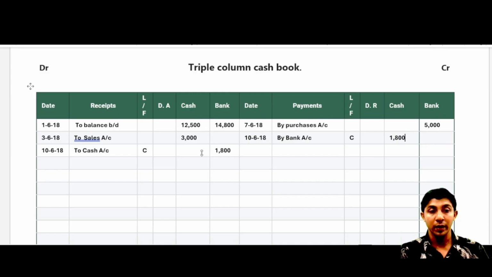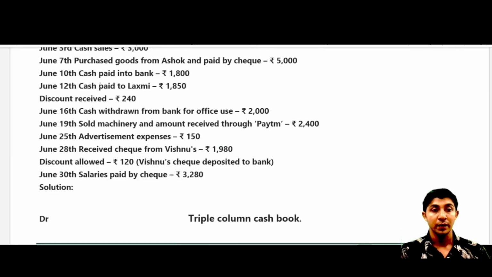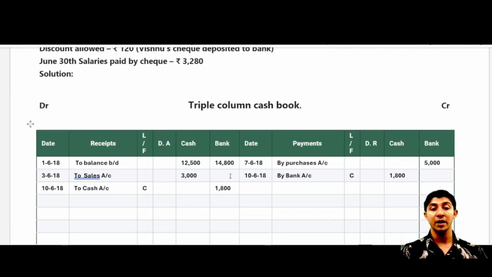Done. Now let us move towards the next transaction, that is on 12th. Cash paid to Lakshmi 1850, discount received 250. So cash is going out from the business. If money goes out of the business, we have to record it on the payment side.